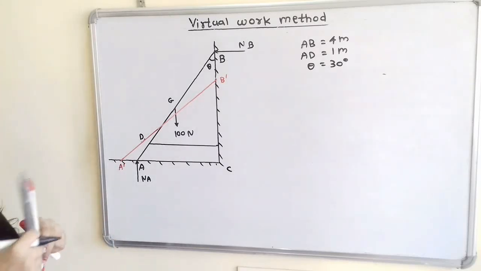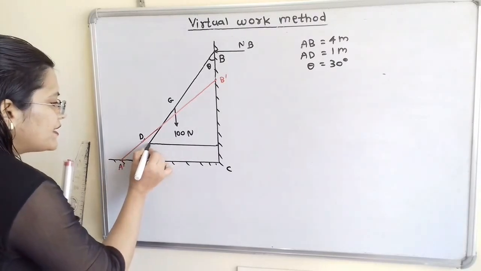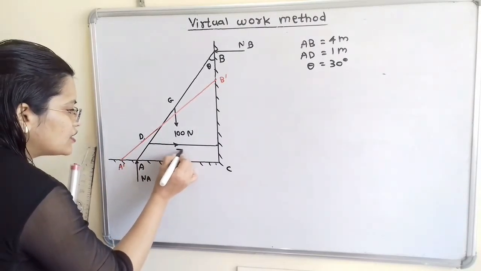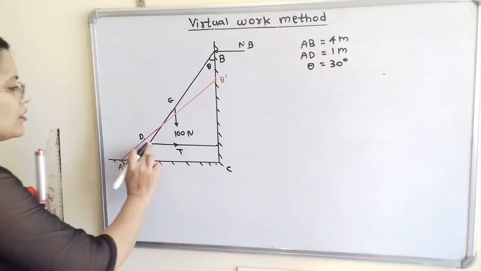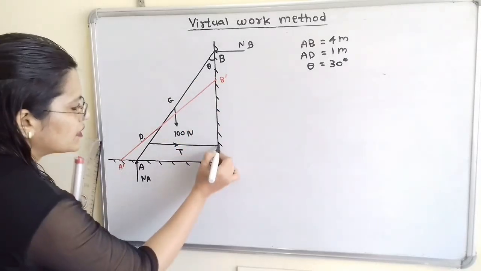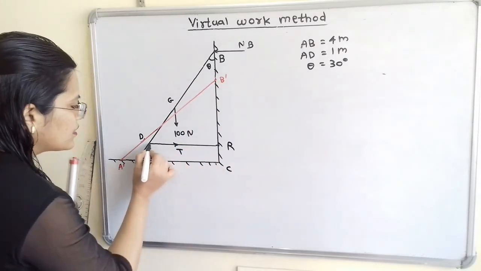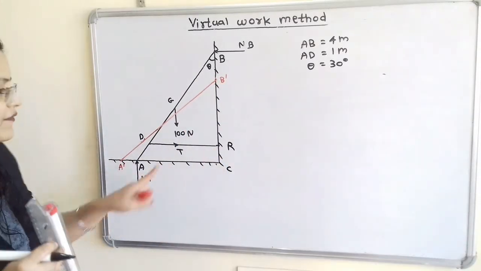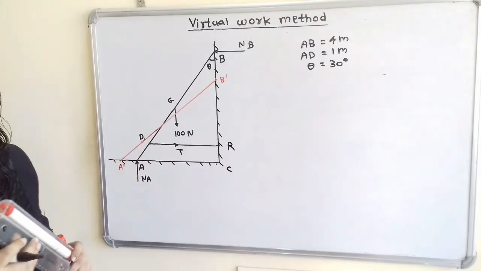Now from this point D we have to find the tension created in the rope. We will say that the point of contact with this vertical surface is R. So DR is the rope and we will find the tension T in the rope.